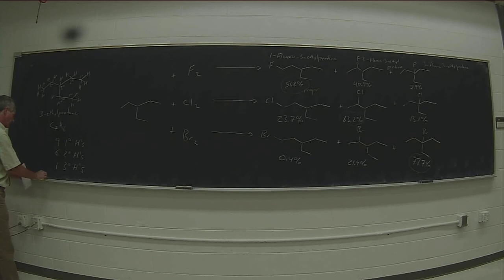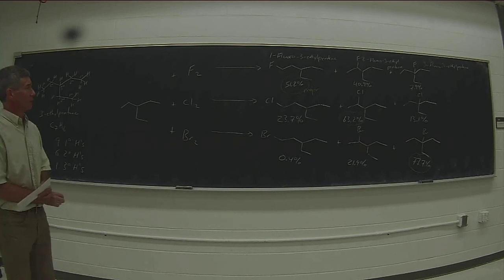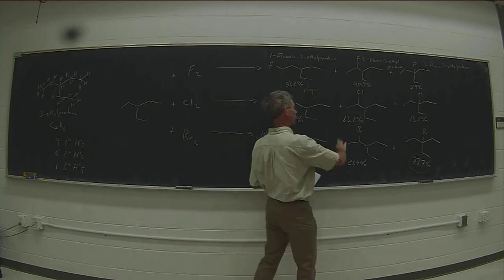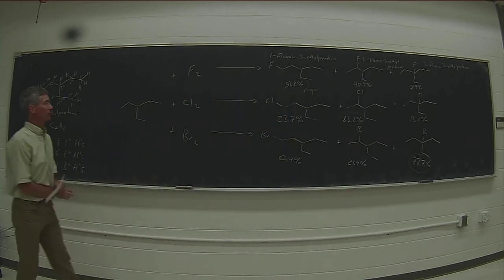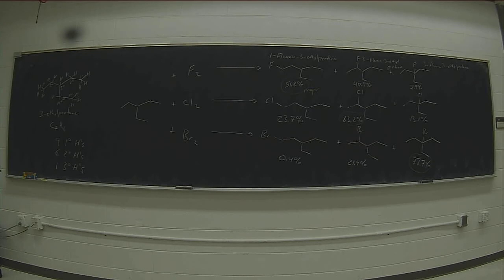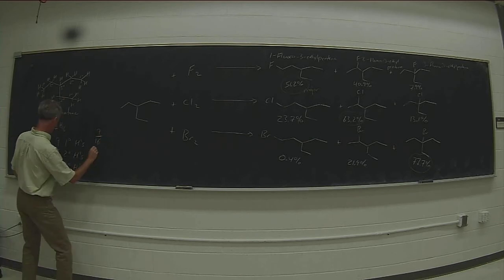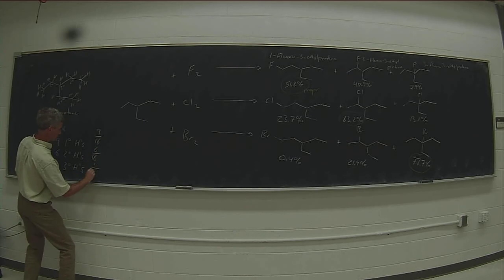So we need to ask ourselves two main questions. Why is the selectivity different for the different products? And why is the major product different in all three cases? Statistically, if every time a halogen radical collided with a hydrogen, it reacted to form the hydrogen halide, we would expect to get a ratio of 9/16 to 6/16 to 1/16.